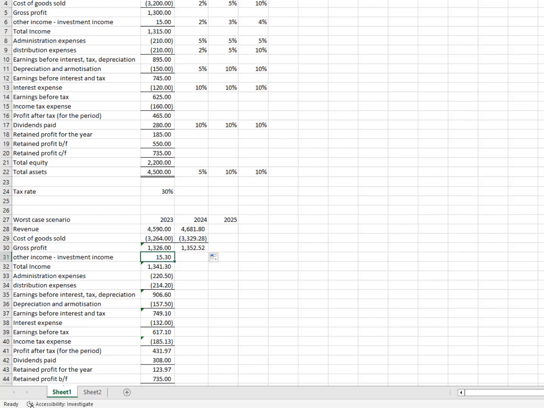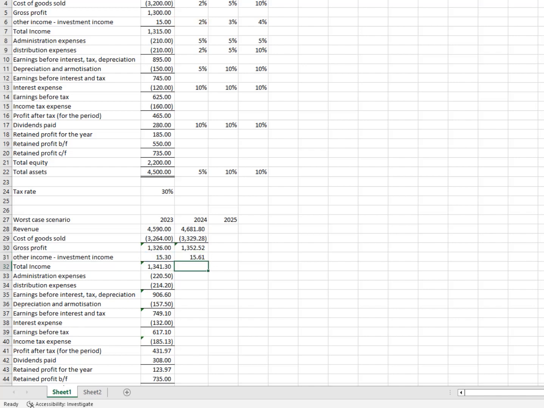It creates the top border. Now coming again to the other income, investment income, again we click equal sign, we highlight the previous year's other income multiplied by open brackets 1 plus the growth rate for other income, then you hit enter.